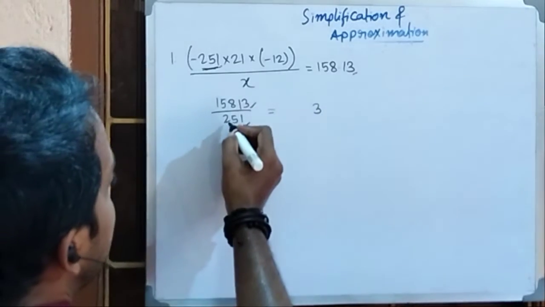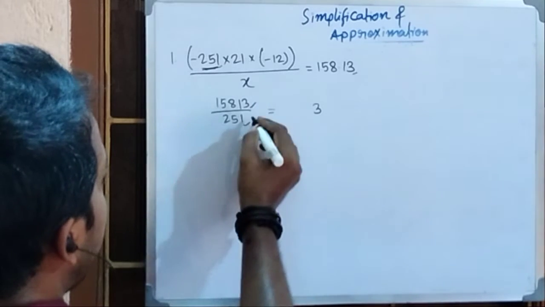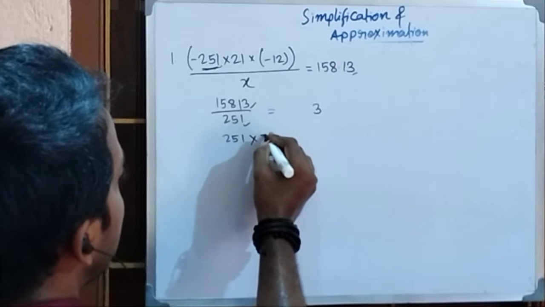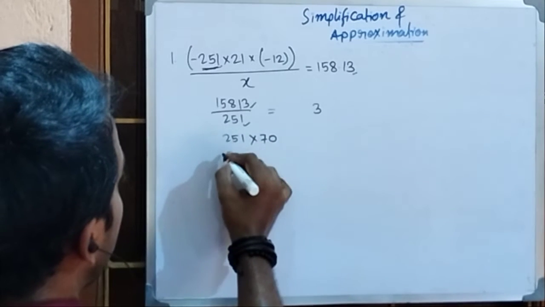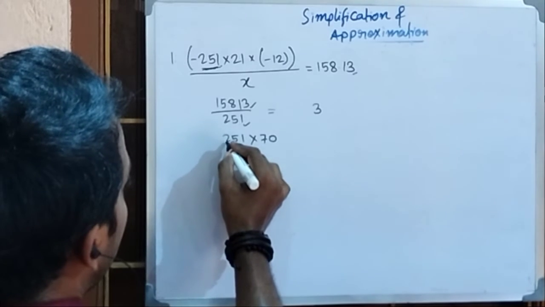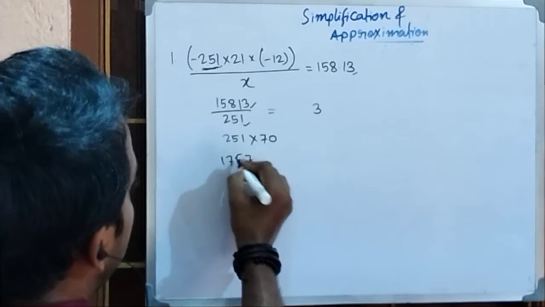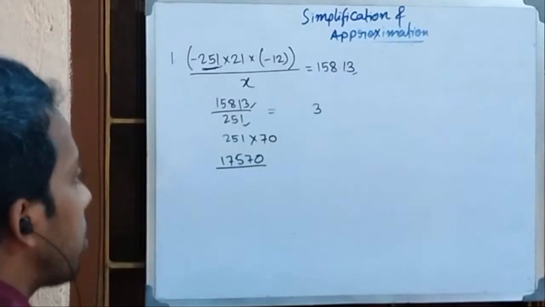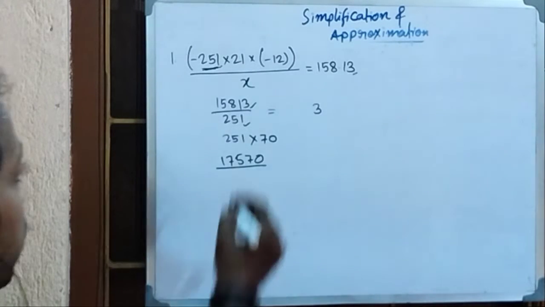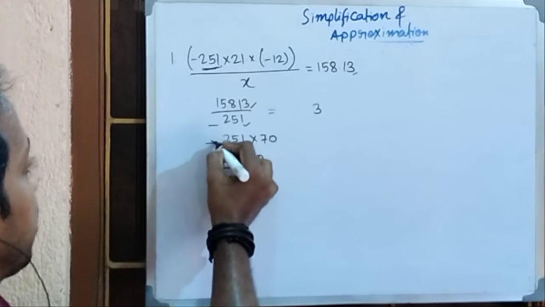So I am taking 3 here, and now one thing you can understand, that 251, if I multiply this by 70, it will give us 7, 5, 7, 14 and 17, right? So 17,570 is the answer here, but not this one, I am just checking this.